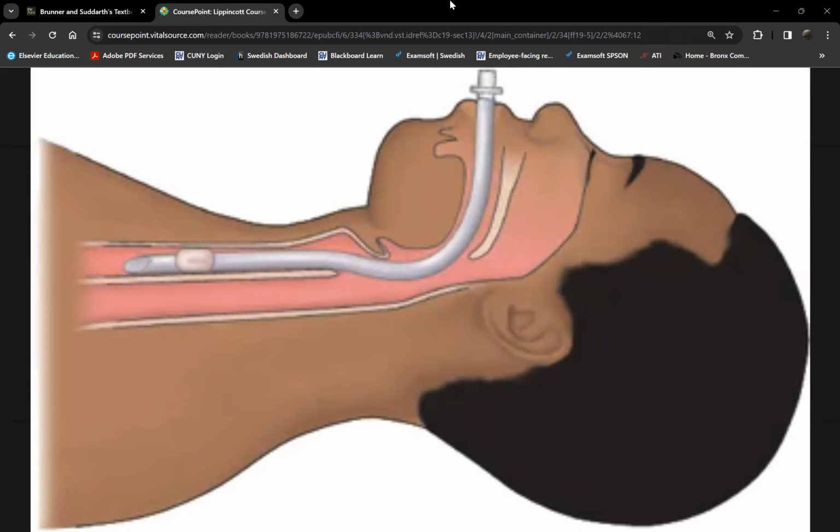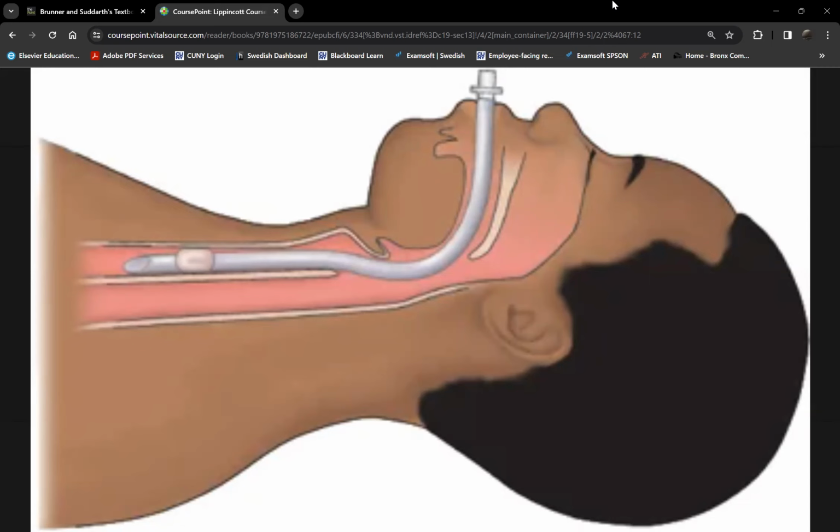So an endotracheal tube is going to provide us with a good size plastic airway. However, if the patient requires endotracheal intubation and therefore mechanical ventilation for longer than 2 weeks, we will have to give the patient a tracheostomy. Are we clear?